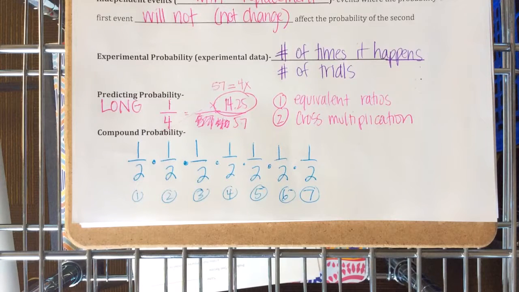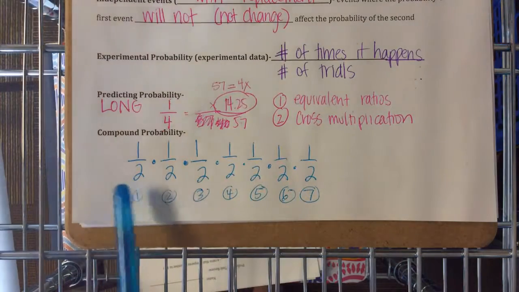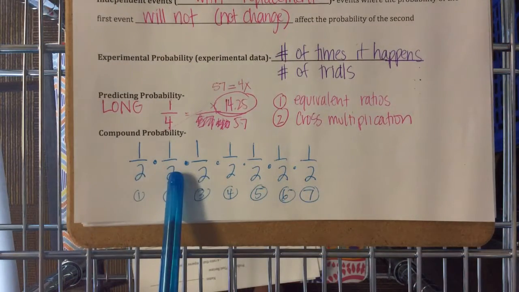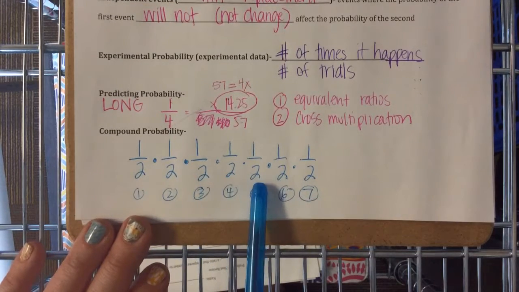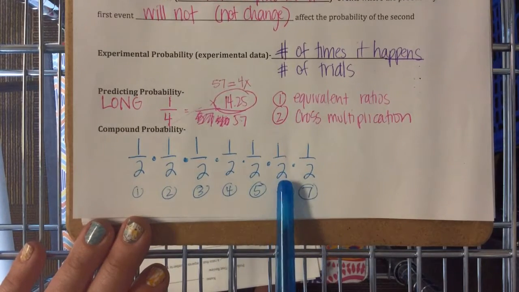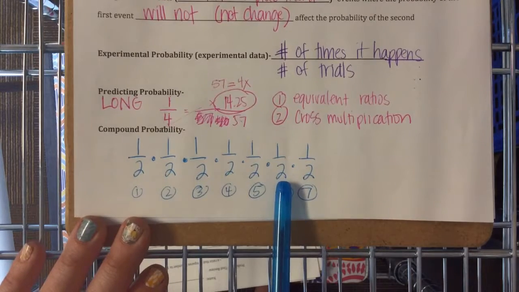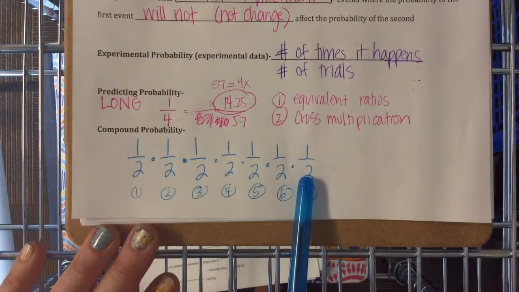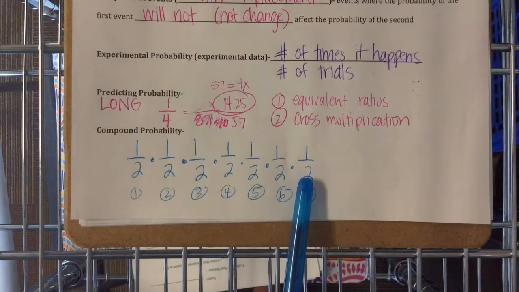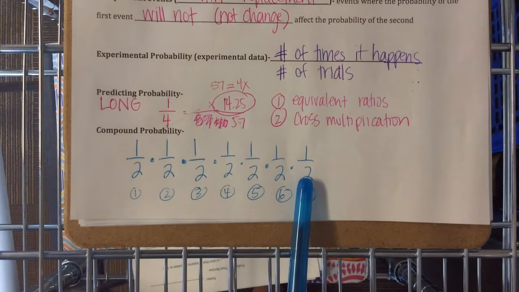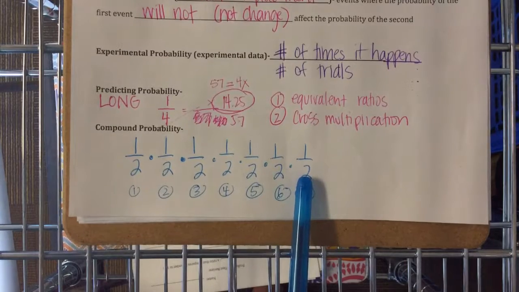Do you know what the probability of being right 7 times in a row equaled? 2 times 2 is 4, times 2 is 8, times 2 is 16, times 2, times 2, 64, times 2, 128. They had a 1 out of 128 chance of being right 7 times, and they were. 2 people were right 7 times in a row.